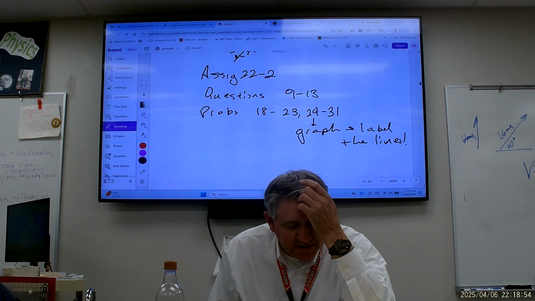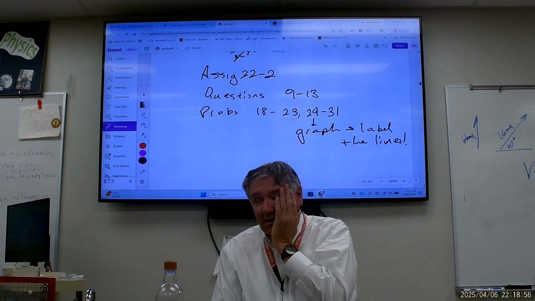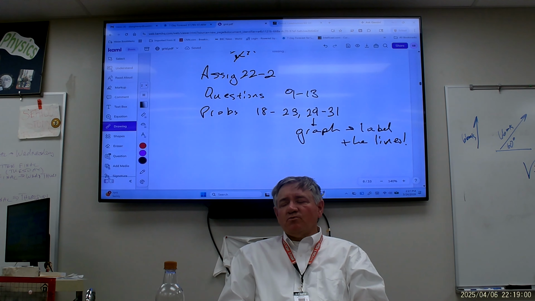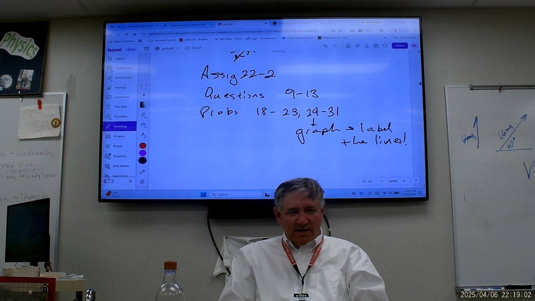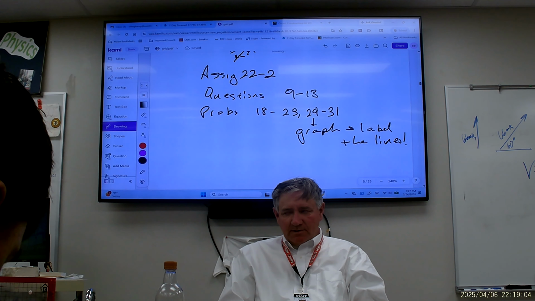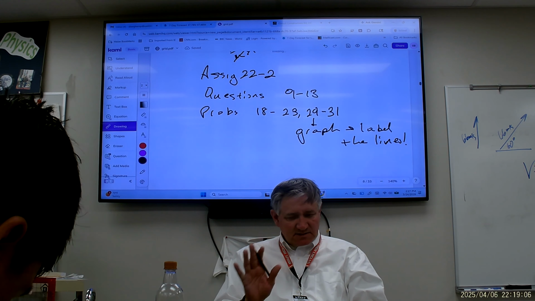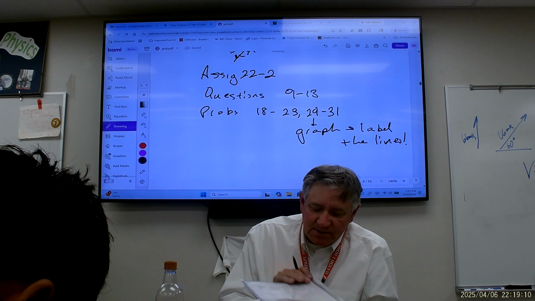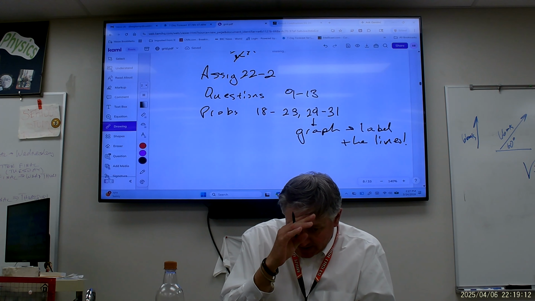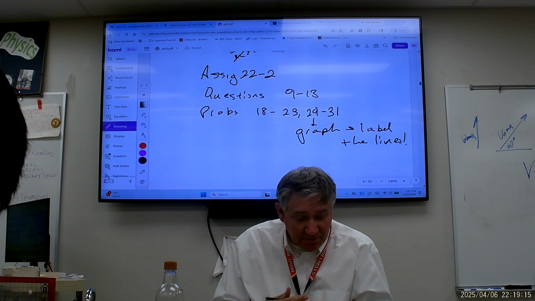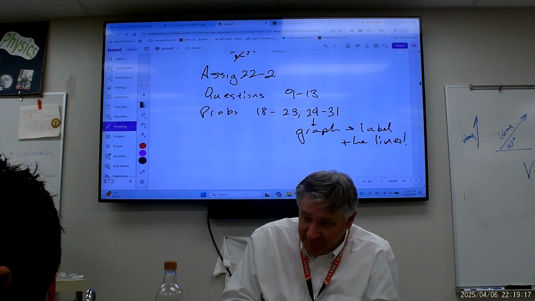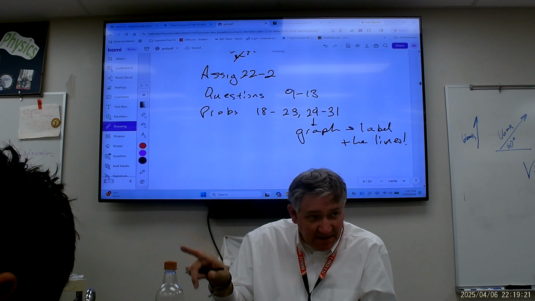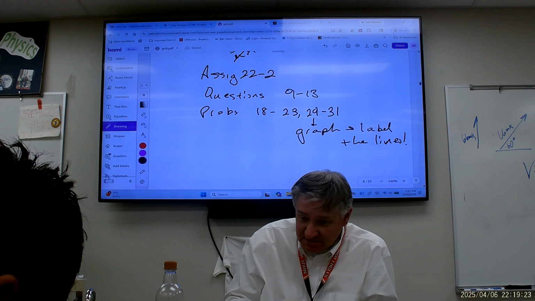This will make sense when you get to 29. You need to draw a graph of two different wires. Label which one is which. Do not just randomly draw lines and think, I'm going to know which one is which. When you get to the first question, number 9, it's going to be talking about a battery. We're going off of the conventional system, the Ben Franklin one, where it's the positive charges.